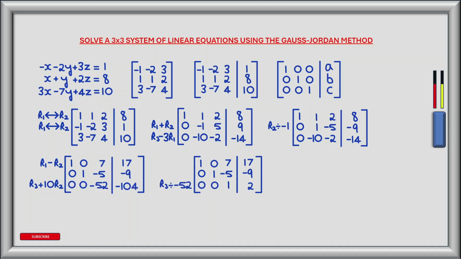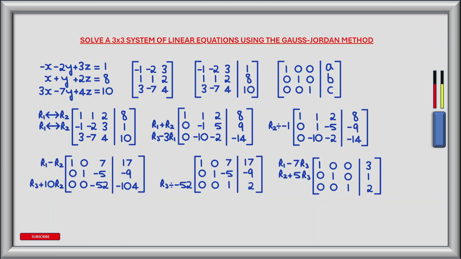And for step 6, we need to get zeros in all other entries of column 3. So we're talking about this element here and this element here. And to achieve this, we can multiply row 3 by 7 and subtract it from row 1. So performing this operation, our new row 1 becomes 1, 0, 0 and 3.